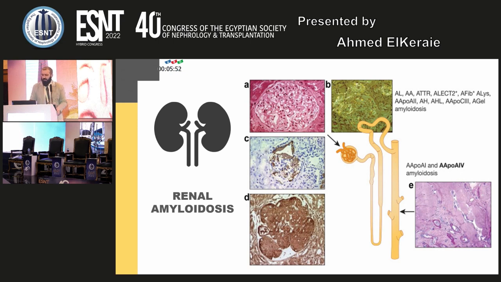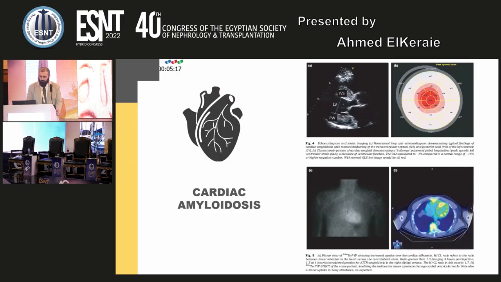For example, ApoA1 and ApoA4 amyloidosis are usually medullary amyloidosis, affecting the collecting tubules and the interstitium in this area. Other types of amyloidosis, like ALECT2 amyloidosis, which is common in Egyptians, as Wissam has shown us in the last meeting, is mainly interstitial and not in the glomeruli. But usually AL amyloidosis affects the glomeruli, the tubules, and the interstitium with the Congo red positive material.